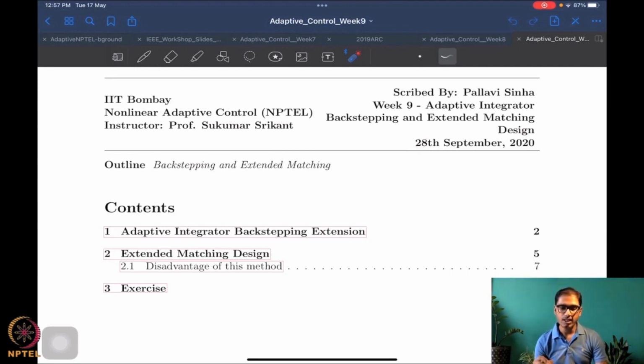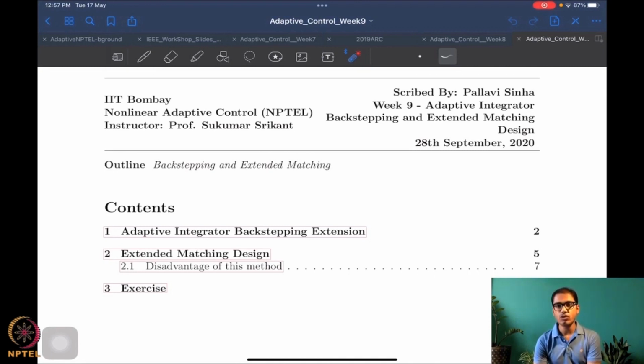So this week 9 is titled Adaptive Integrator Backstepping and Extended Matching Design. We will do a couple of things in this set of lectures. The first is we generalize this adaptive integrator backstepping that we did a couple of weeks ago. So not the week number 8, but week number 7 lectures, right? In week number 7 lectures, we saw integrator backstepping for the first time.